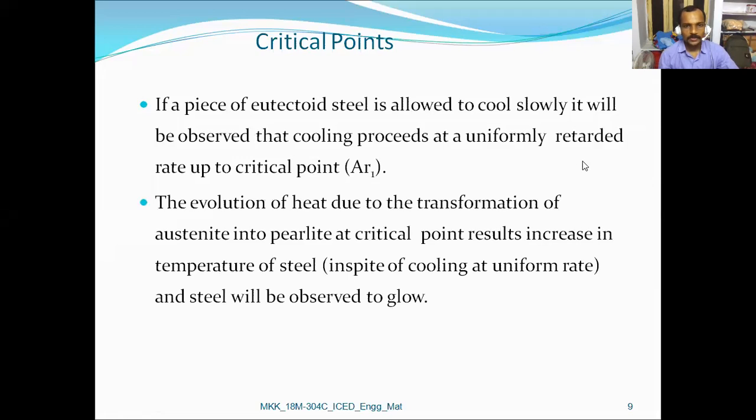The evolution of heat due to the transformation of austenite into pearlite at the critical point results in an increase in the temperature of the steel. In spite of cooling at a uniform rate, the temperature will increase. The steel will be observed to glow.